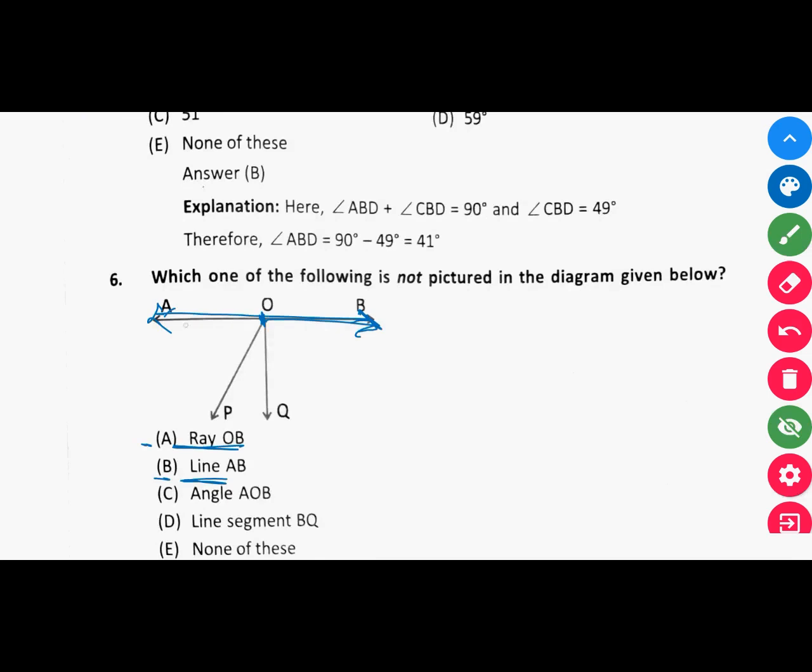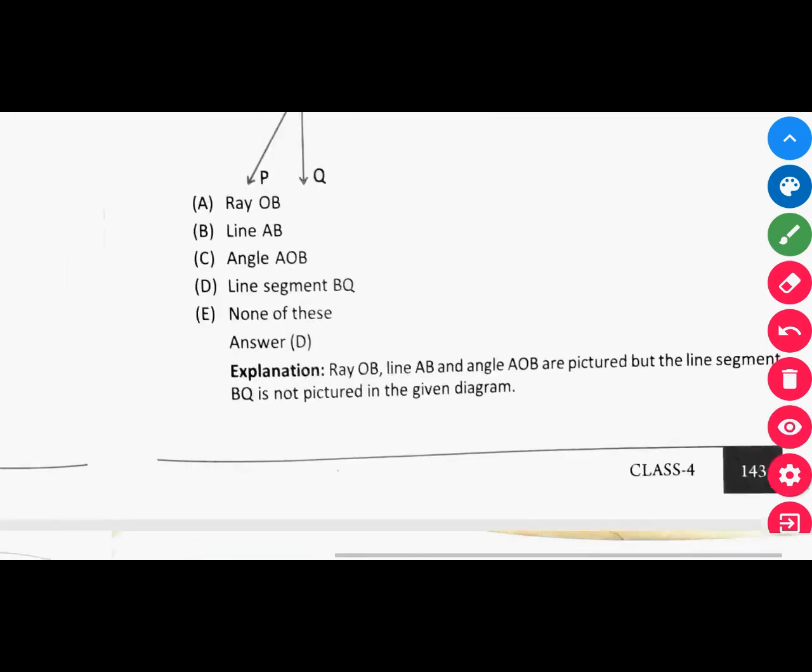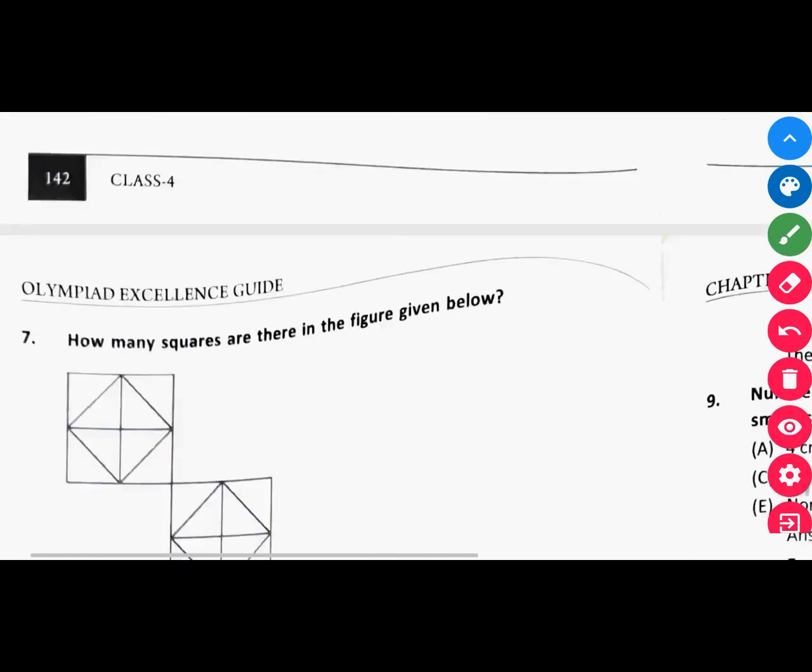Angle AOB. Yes, it is a straight angle which measures 180 degrees. Line segment BQ. See, BQ. Is there any line joining B and Q? No. So this is not in the diagram. So our answer is option D. Line segment BQ is not there in the diagram.